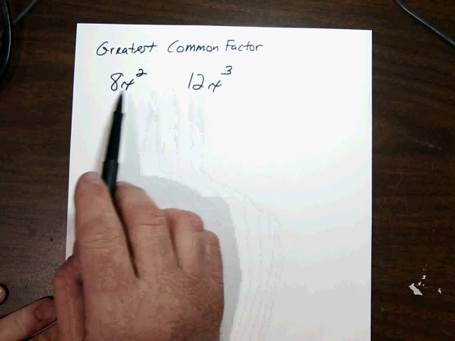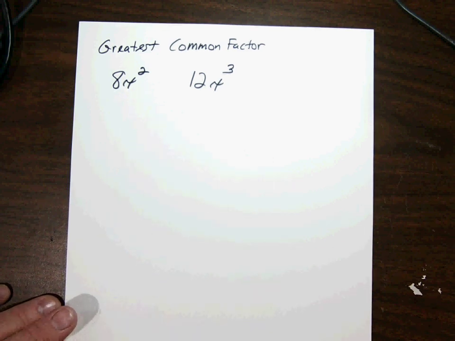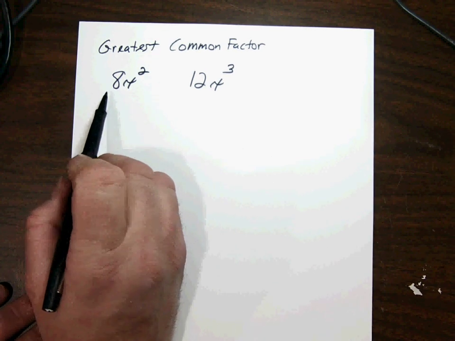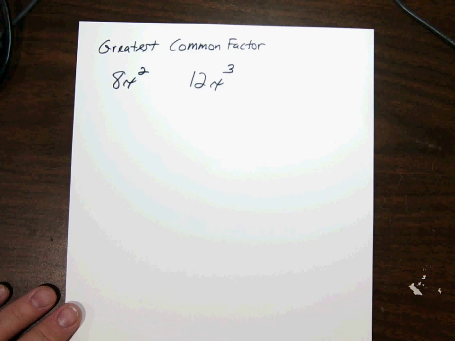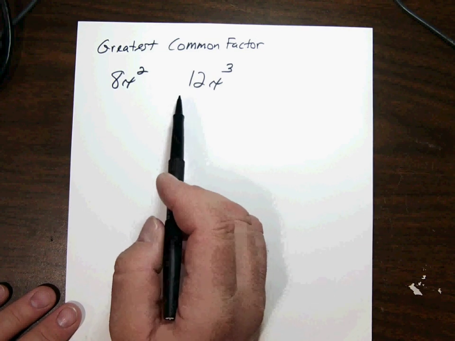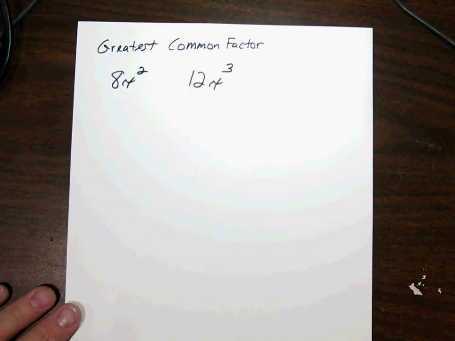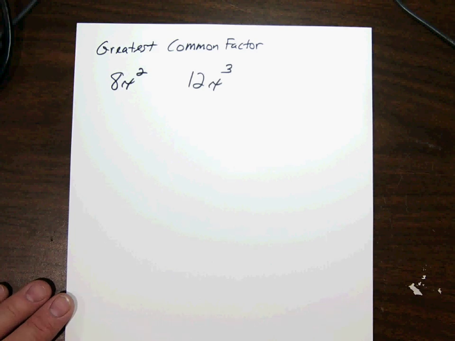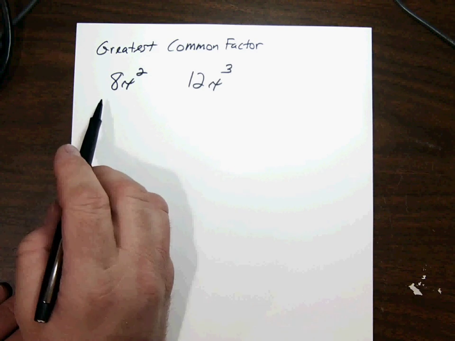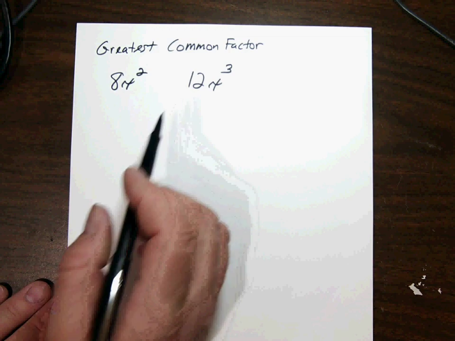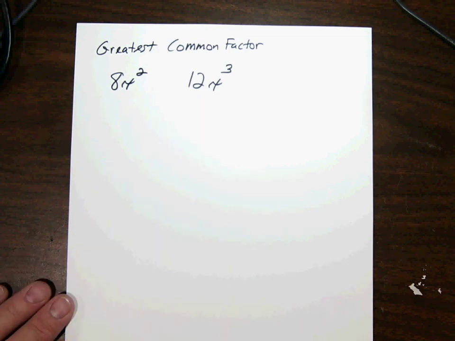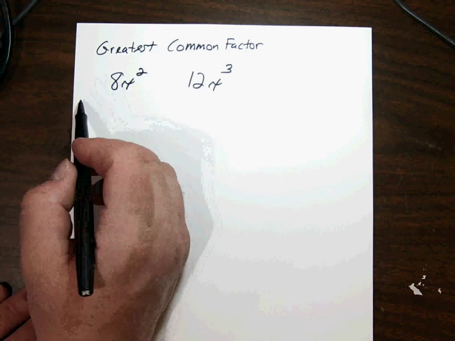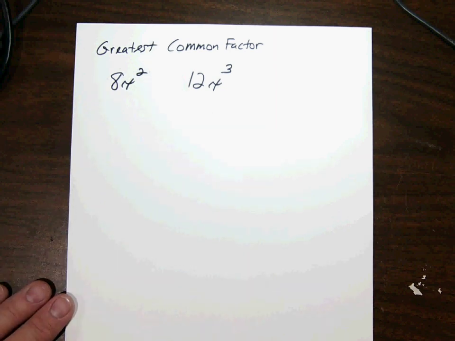Well, I've got an 8 and a 12, the coefficients. I know the 8's got 2's inside it, it's got a 4 inside it, right? The 12's got 4's and 3's and 6, depending on how you look at it. But what's the greatest common piece? Well, the greatest common piece between an 8 and a 12 would be a 4, right? I could extract a 4 out of the 8, and I can extract a 4 out of the 12.